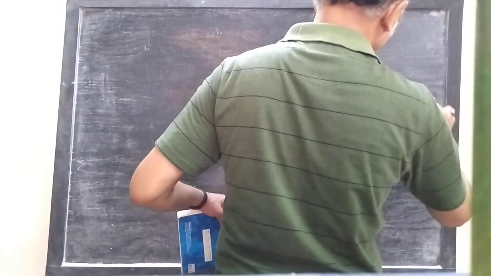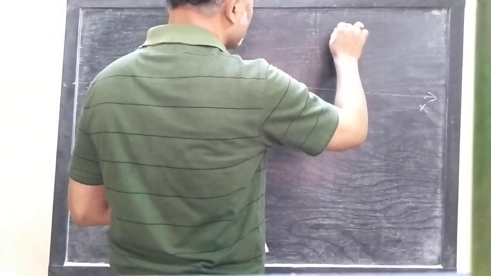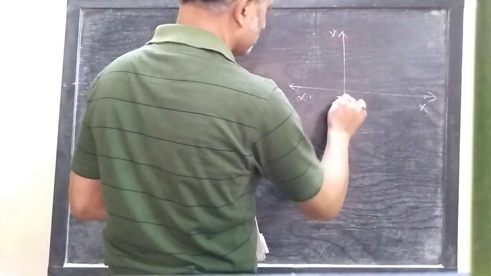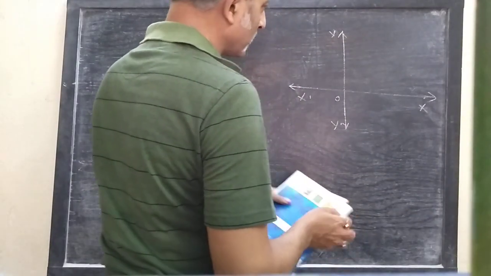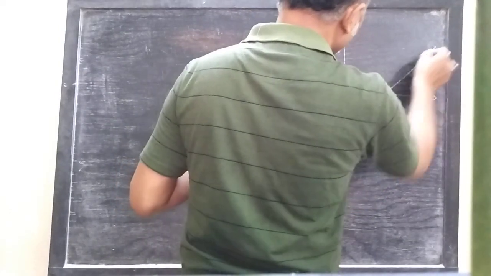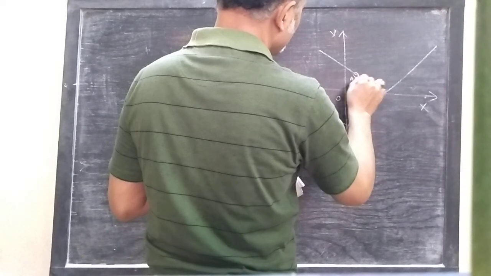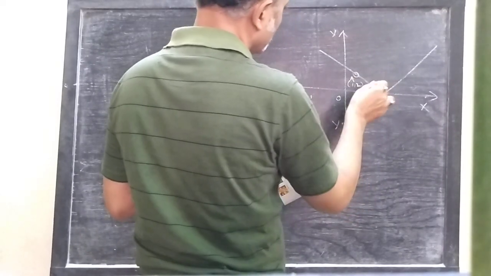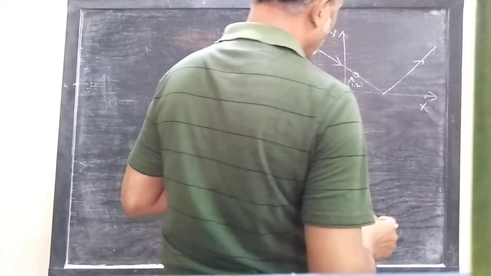These are our axes. A ray comes from the point 1, 2, reflects and goes in this way. Ray comes in this way and goes in this way. This is the point of incidence.